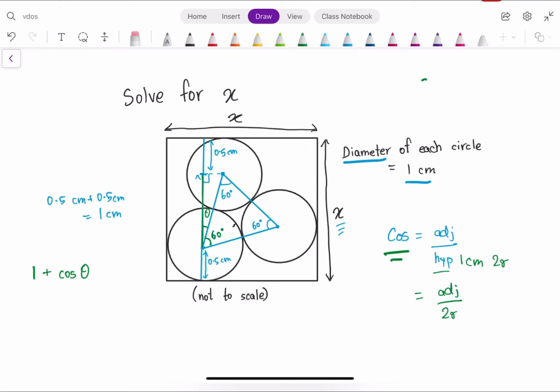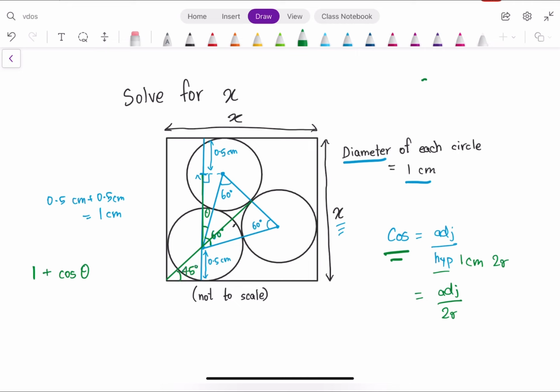So in the first method, we can start drawing a line from over here, bisecting the triangle. And then we can tell, since this is a square, we can tell that this angle has to be 45 degrees.